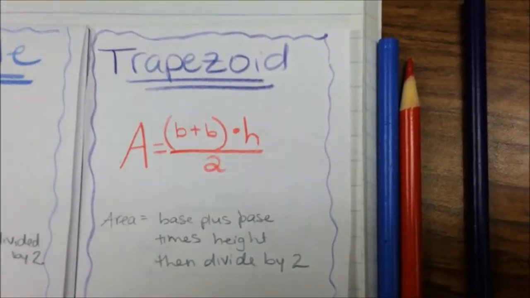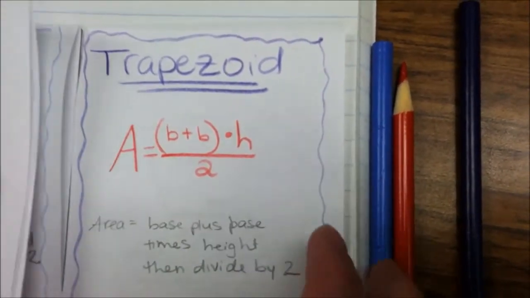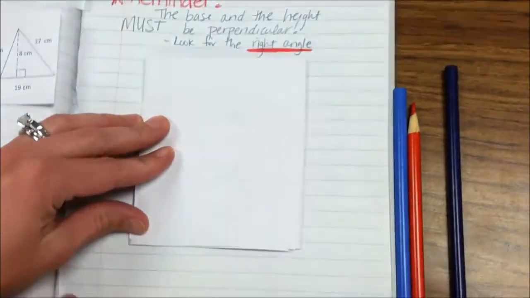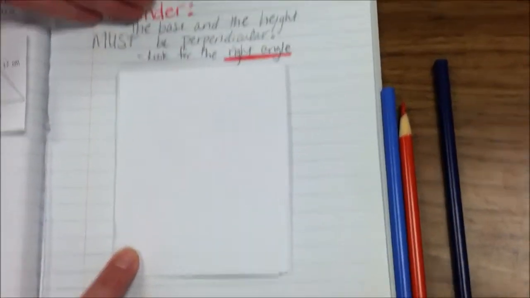Okay, so now before we do this, in a moment you guys are going to be folding this up like this, and we're going to glue it in. So you're still going to have a little bit of room right here. And you know how we had a reminder above?